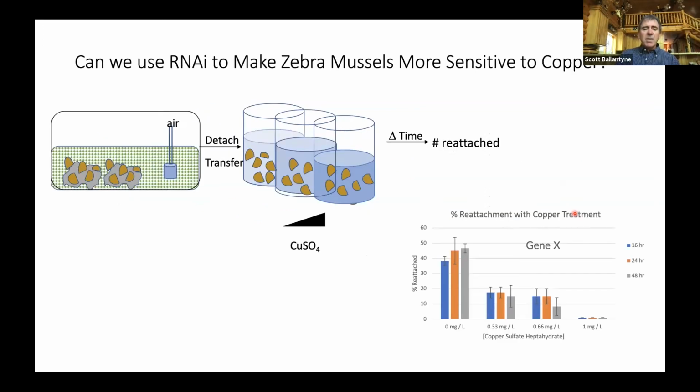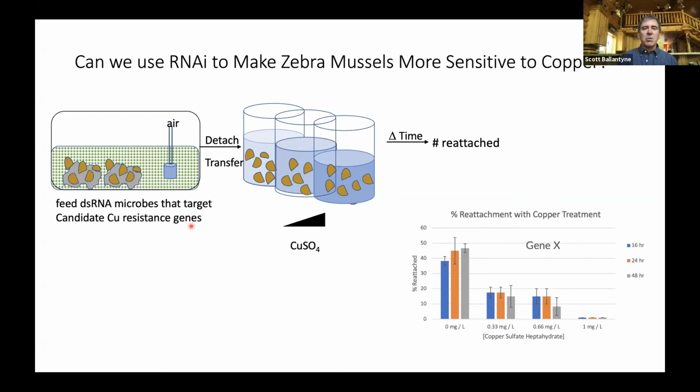So another reason I got really excited about the copper experiment is it indicated, to me at least, an immediate way that we might be able to use RNAi to make mussels more sensitive to copper. And the idea here would be we would treat the mussels ahead of time with microbes that are targeting genes that could be involved in copper resistance. And this isn't just hypothetical.